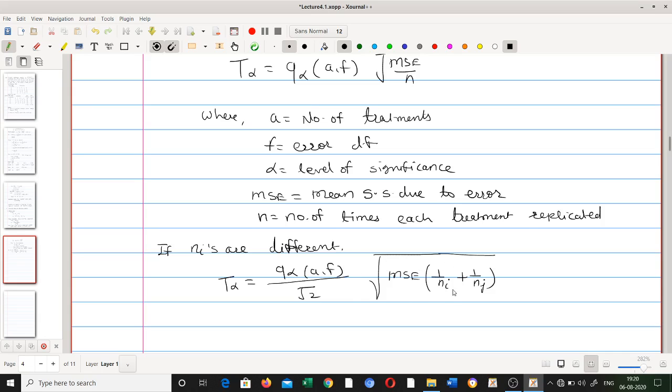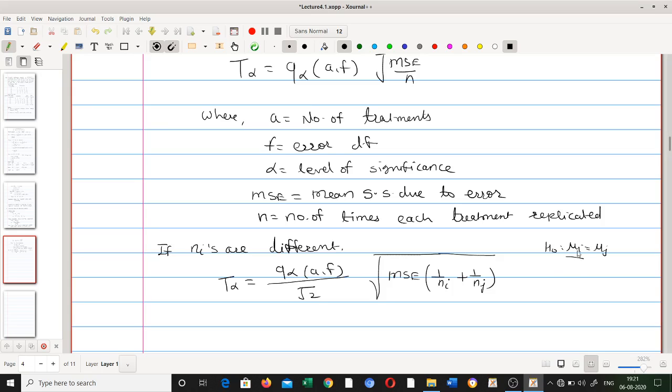Look here, ni means number of times the ith treatment is replicated and nj means number of times the jth treatment is replicated. Here we are testing mu i is equal to mu j versus mu i is not equal to mu j.